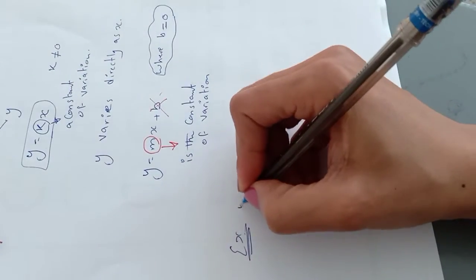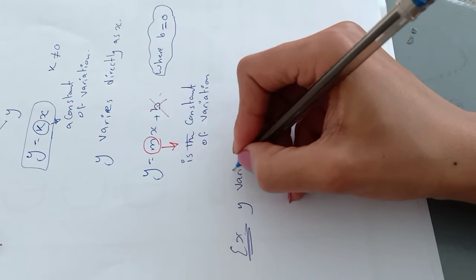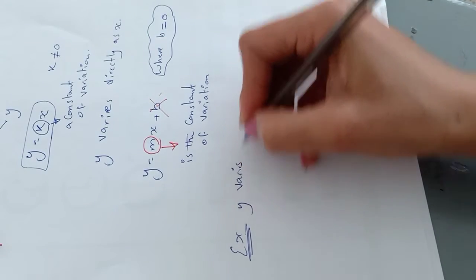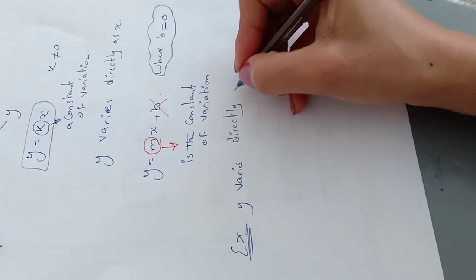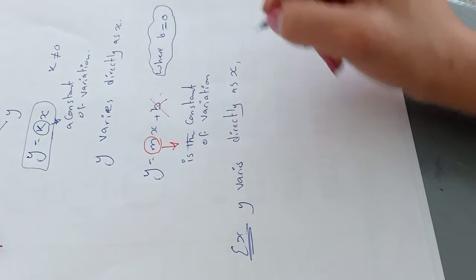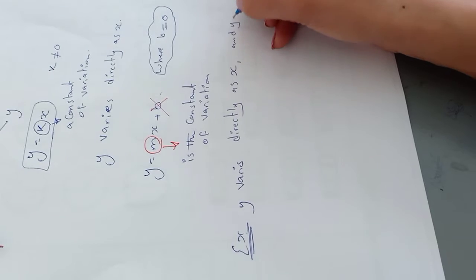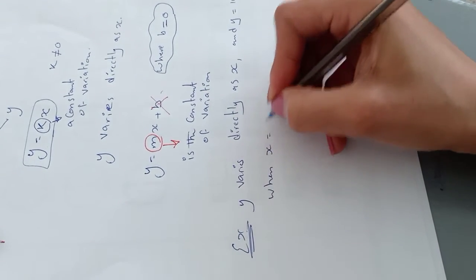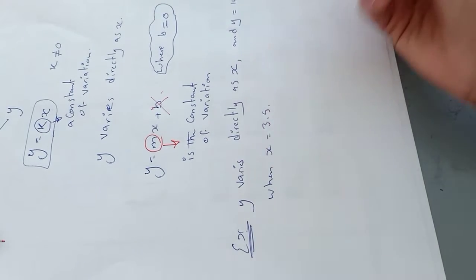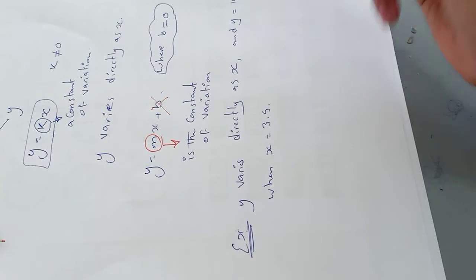Now let's see this example. Given that y varies directly as x and y equals 14 when x equals 3.5. The question is, write and graph the direct variation function.